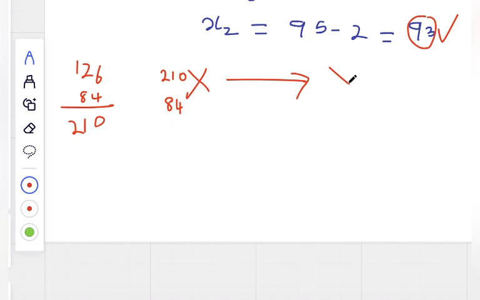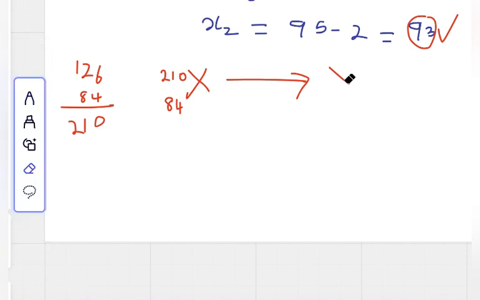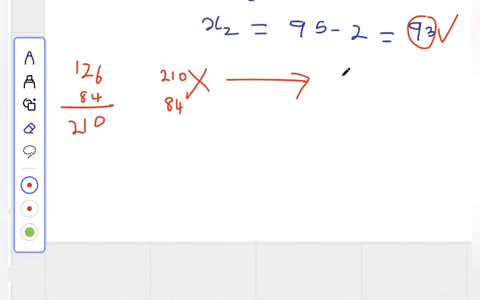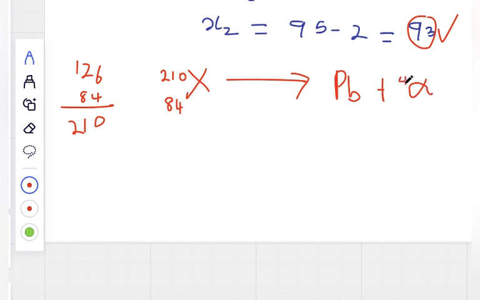Okay, they say lead, right? So let's write lead for this. So it forms lead, Pb, plus an alpha particle. You can use this symbol or you can use the nucleus.